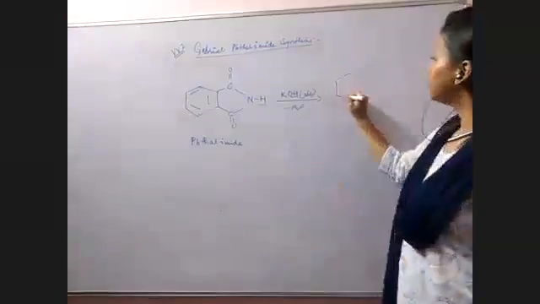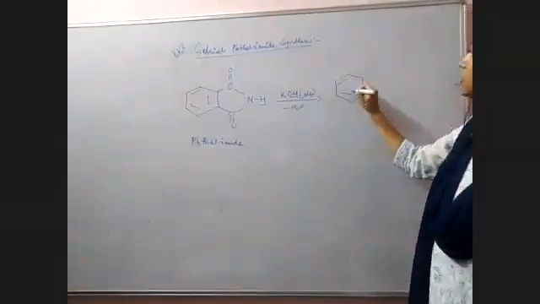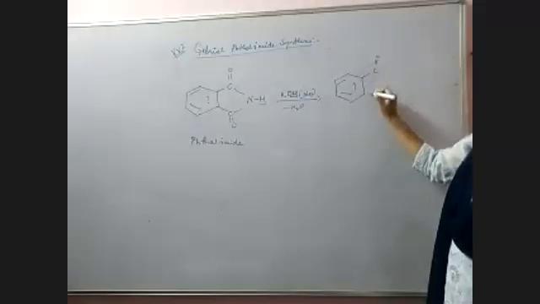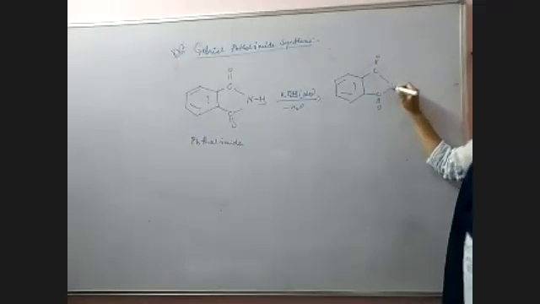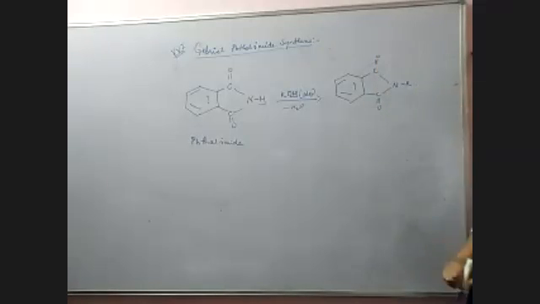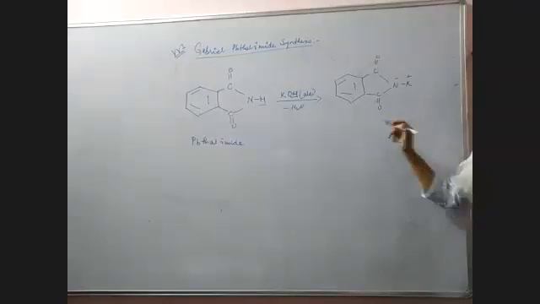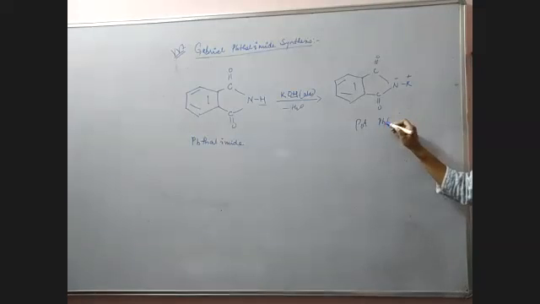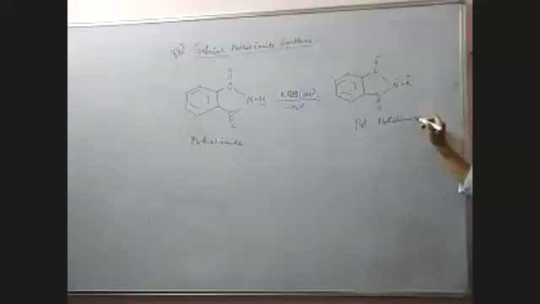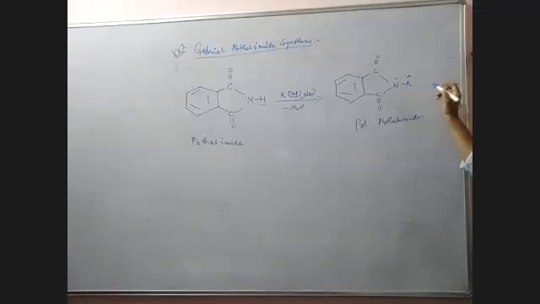We will get this, C double bond O, C double bond O, NK. Nitrogen will carry the negative charge, potassium will carry the positive charge. This is potassium phthalimide.